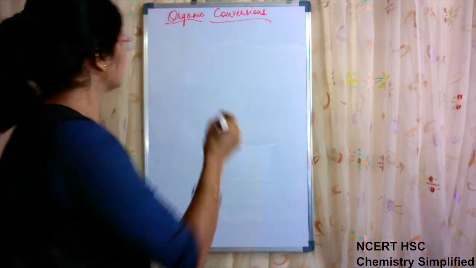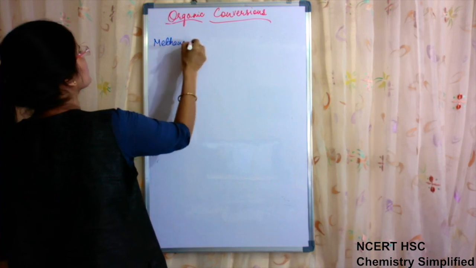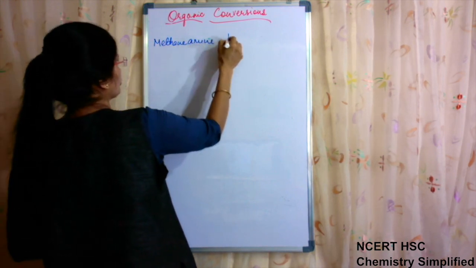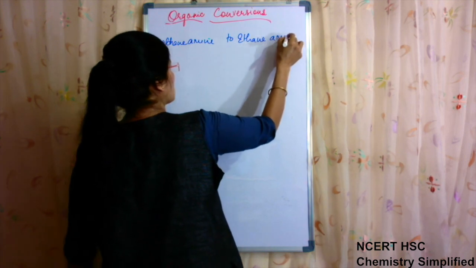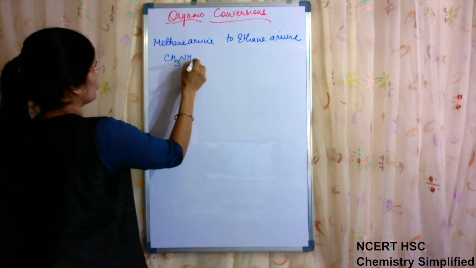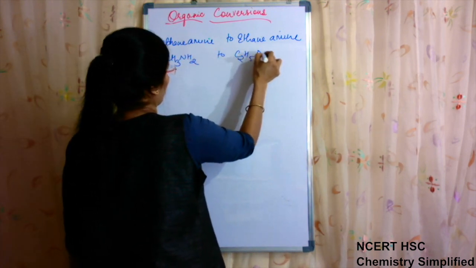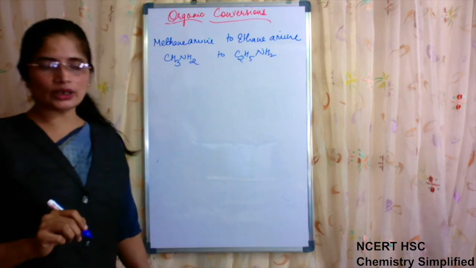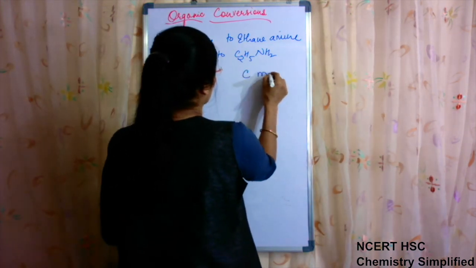Now we are doing methanamine to ethanamine, that means CH3NH2 to C2H5NH2. Now what we require in the product is one carbon more.